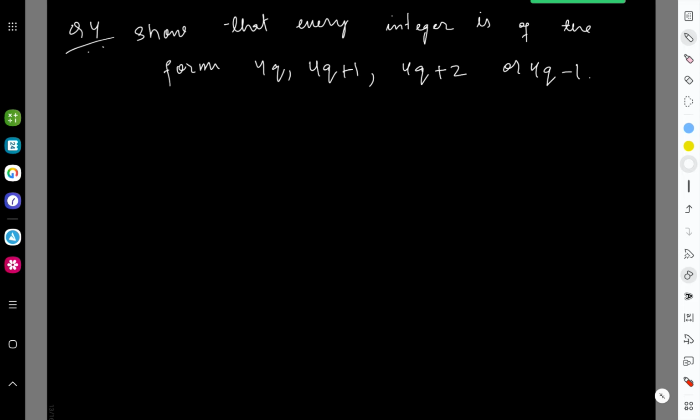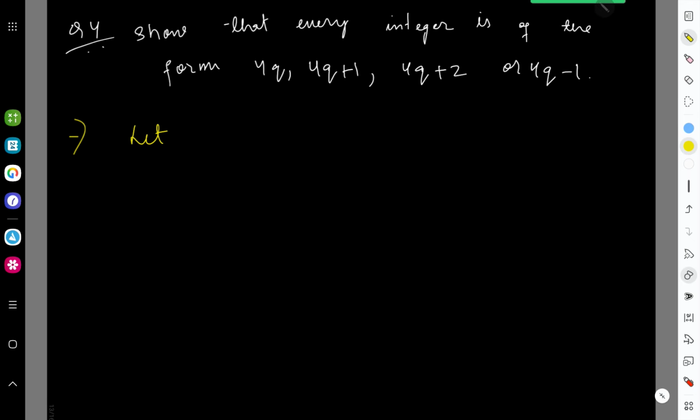So we want to express every integer in the form of 4q, that means in terms of the number 4. We must divide each integer by 4, and we must see what kinds of remainder can occur. Let us continue with the solution.